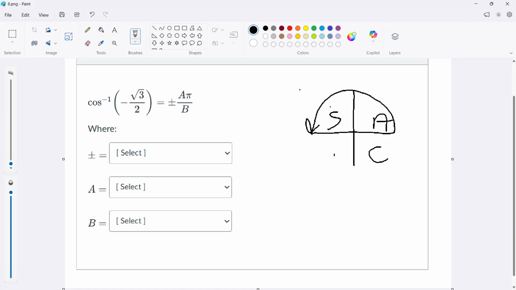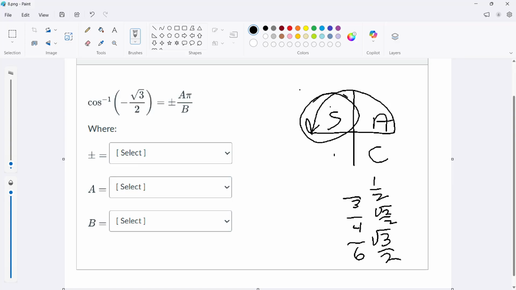So let me check it again. I'm going to do my pi over 3, my pi over 4, my pi over 6. So cosine of pi over 6 is square root of 3 over 2. That's what I'm going to need. This is square root of 2 over 2. This is 1/2. So I'm square root of 3 over 2, but I'm where cosine is negative, so I'm in the second quadrant.